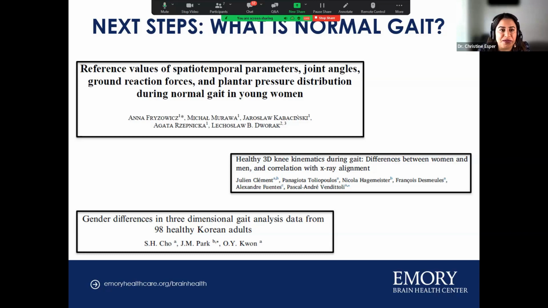If they had surgical intervention, is the stimulator on? Is it off? There are a lot of variables to look at. So there have been some studies on normal gait, really not a whole lot out there. But here are some examples. Again, I think gender differences are also very interesting that we're looking at in our lab.